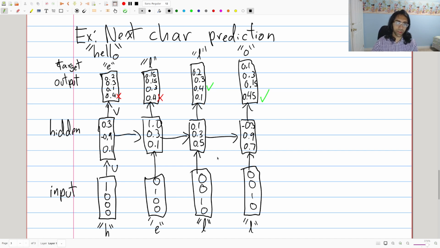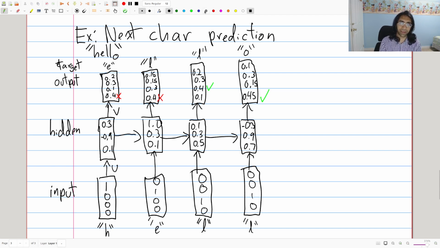Now, during test time, it's a bit different. How would you actually evaluate a sentence or do this next character prediction problem? Well, you can't just compare, because maybe you don't know what the next characters are, right? You're starting with something that starts with H, and you want to predict the next character. You don't have it there already.